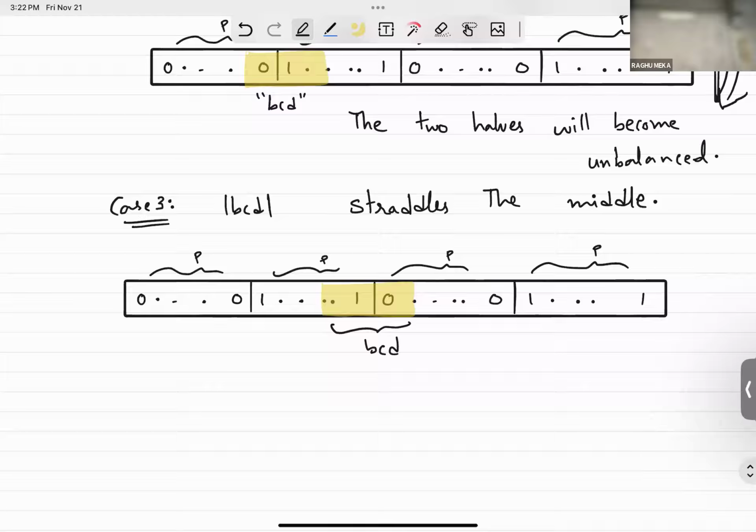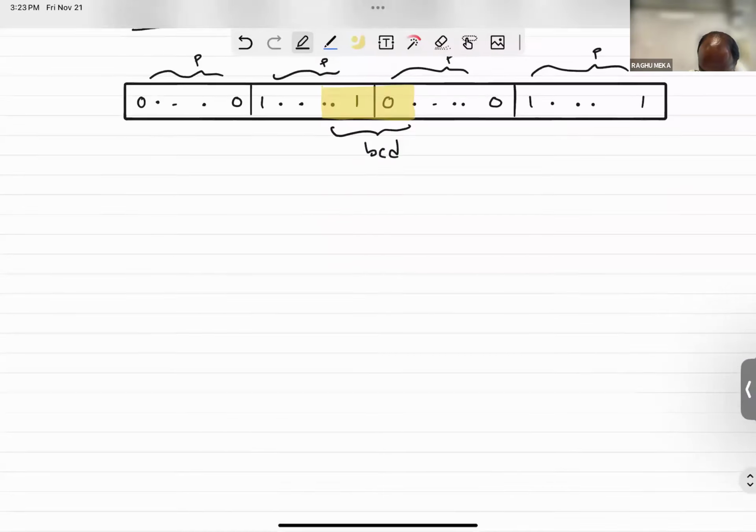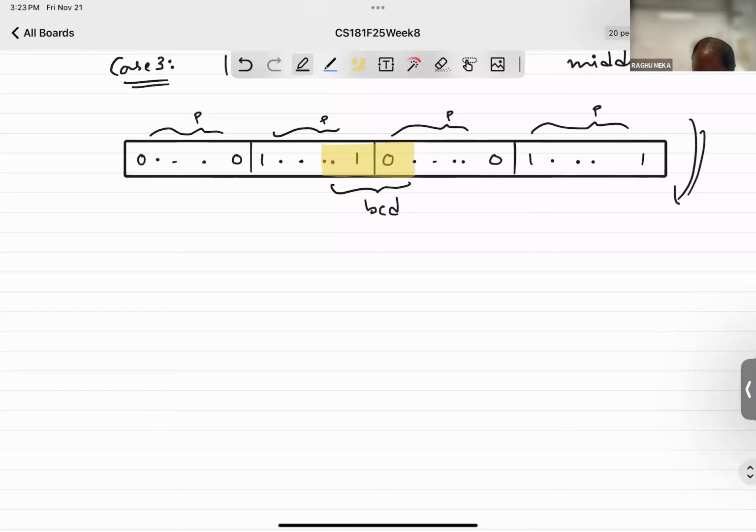If B is not empty, then I'm increasing the number of ones, but the number of ones here is not changing. If D is not empty, then I'm increasing the number of zeros, but the number of zeros at the beginning is not changing. Make sense? It's just a matter of making sure that you cover all possible cases.